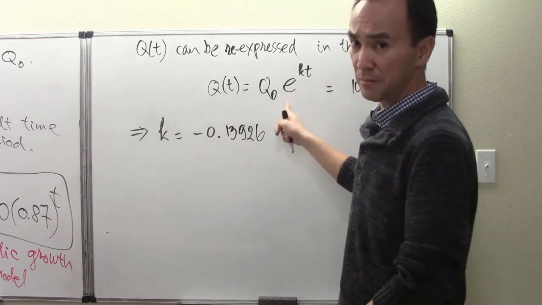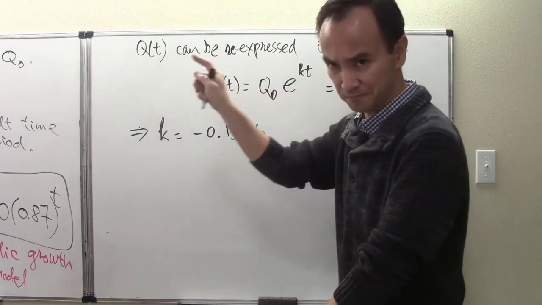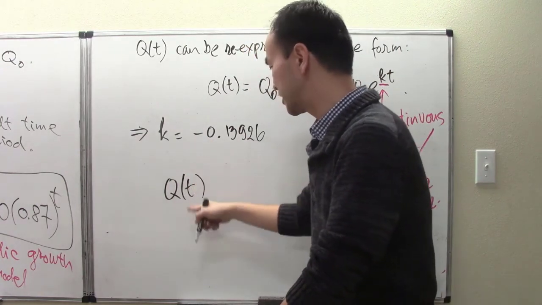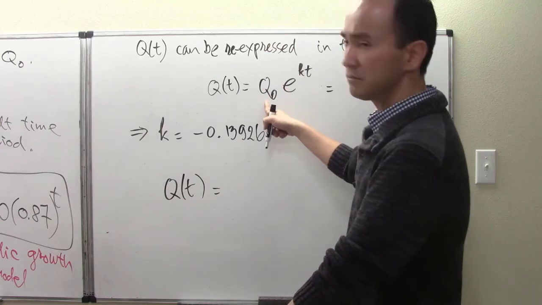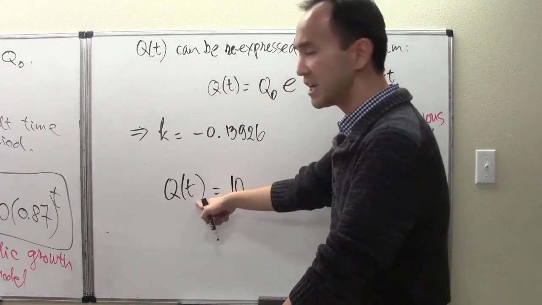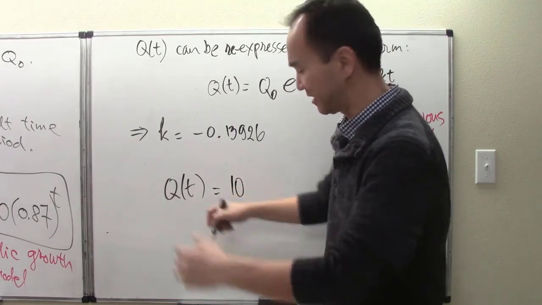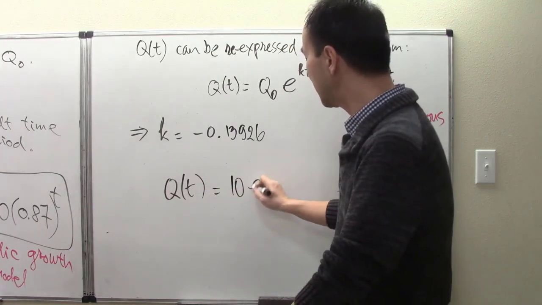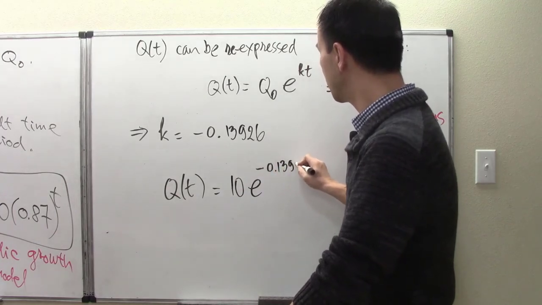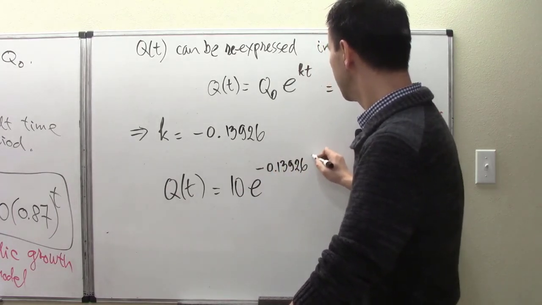In base e, we can re-express our modeling function as Q of t equals the initial amount, which is 10 milligrams at start. But at some t days later, it's going to be 10 times e to the minus 0.13926 t.